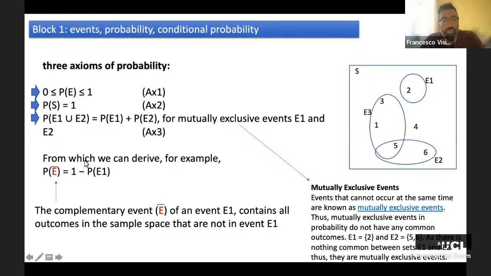From these three axioms derives one of the most used equations, the complementary event, generally indicated with a horizontal line over the letter, which is given by 1 minus the probability of that event. So the complementary event of an event E1 contains all the outcomes in the sample space that are not in E1. For example, here it means all the numbers from 1 to 6 except the number 2.